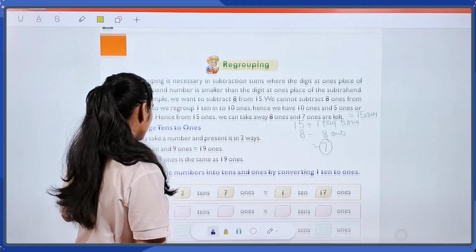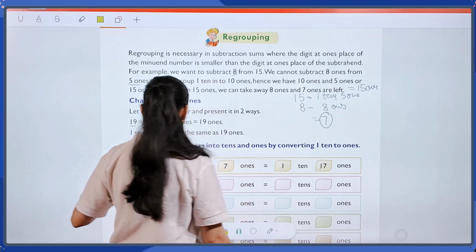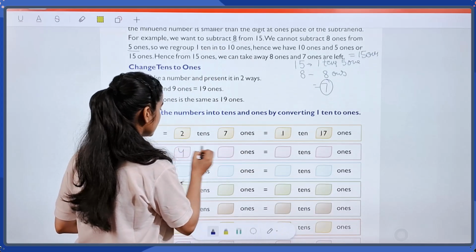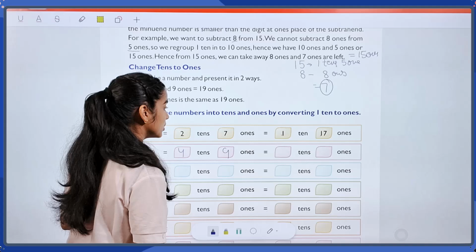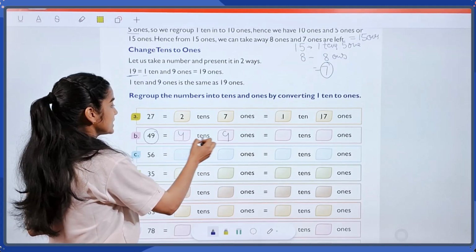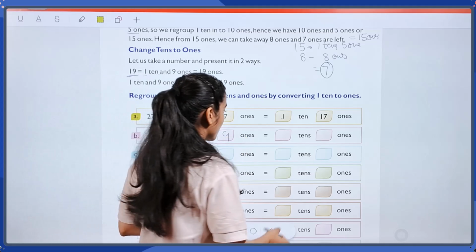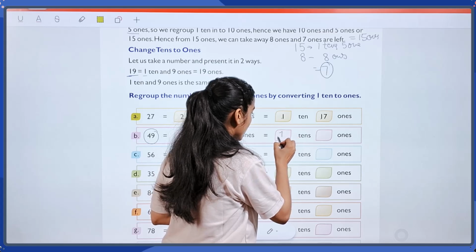Okay, so in the same way you have 27, which is 1 ten and 17 ones. Now we have 4 tens and 9 ones. And how can we convert this? So now we have 49. So first we convert 4 tens and 9 ones. First we have to convert this 4 tens into 1 ten. So we just write here 1 ten.